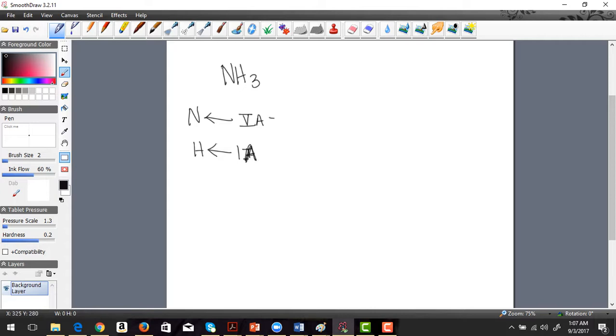So this has 5 valence electrons and this has 1 valence electron, times 3 because there's 3 hydrogens, right? All right, now let's go get a different color. So let's get nitrogen, and sorry, this is not quite getting the blue, so let's get the nitrogen.